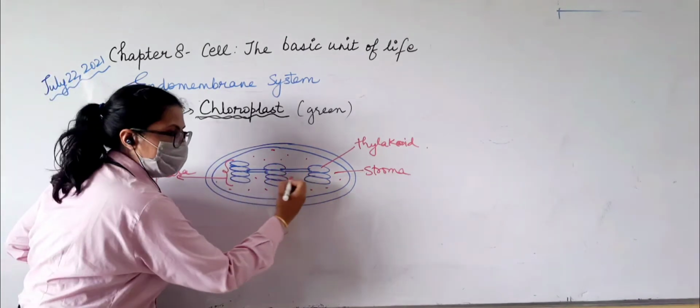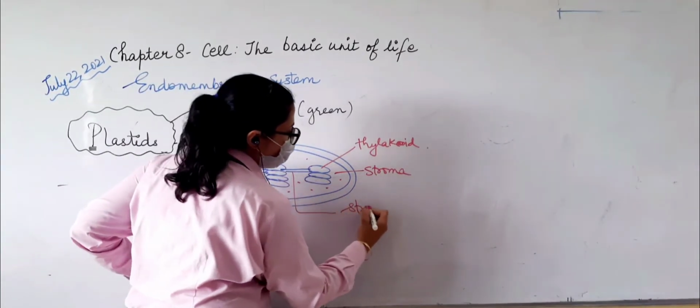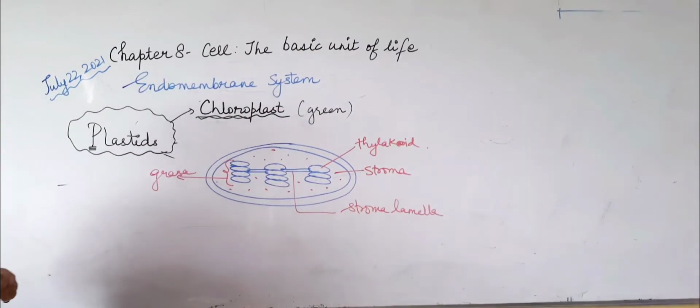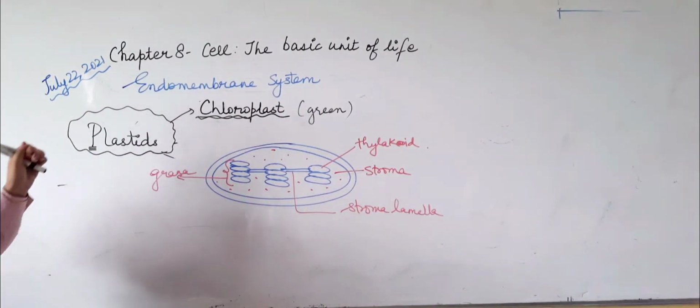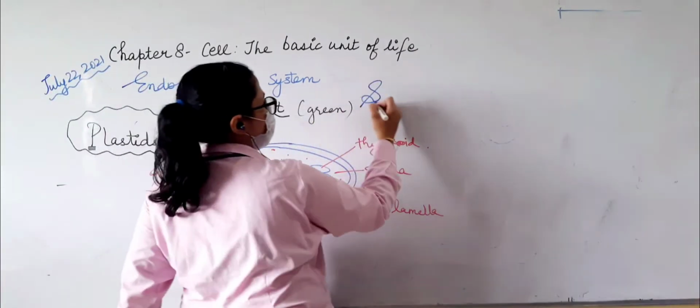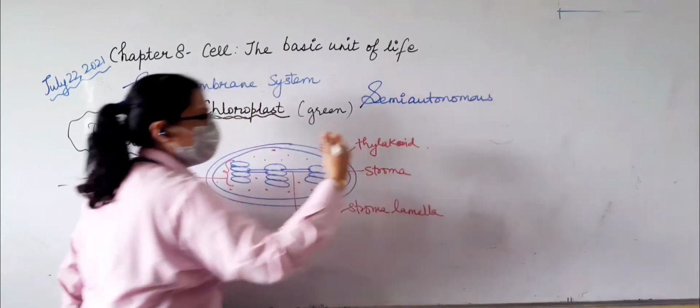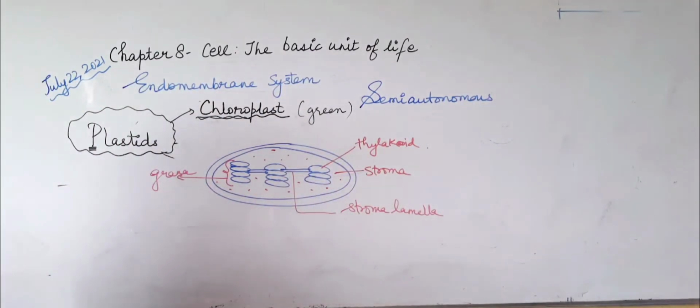These are the connecting links. This is called stroma lamella. These are the main parts. Now coming to that, chloroplasts are also called semi-autonomous. Means they can exist by themselves. How?